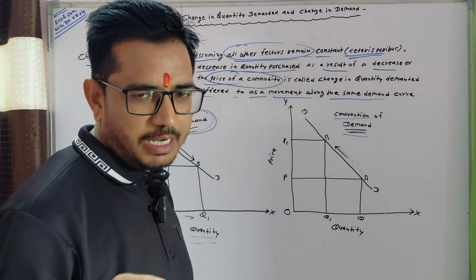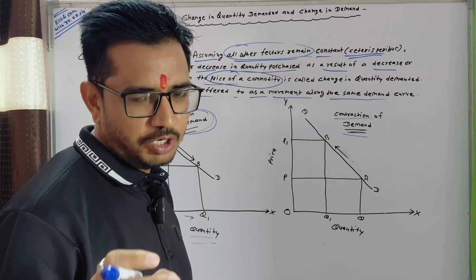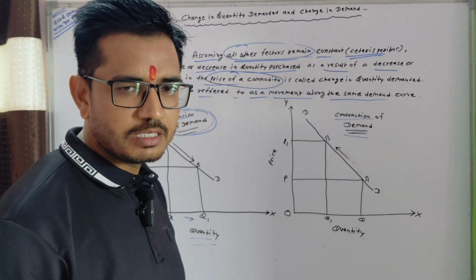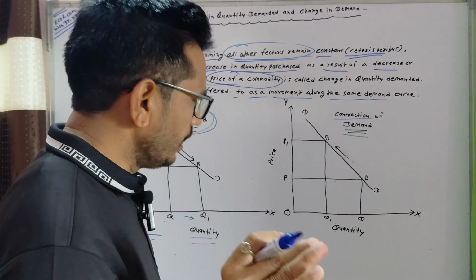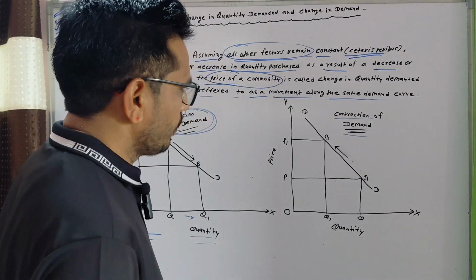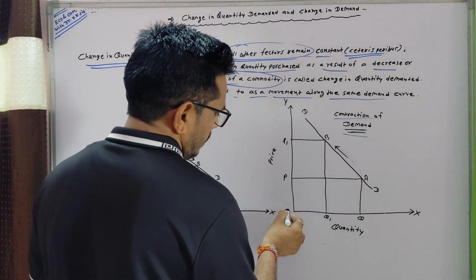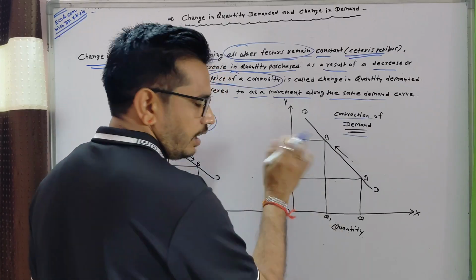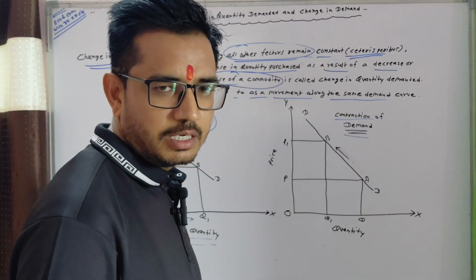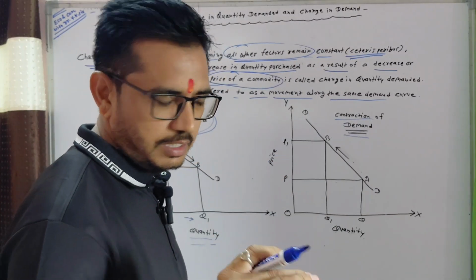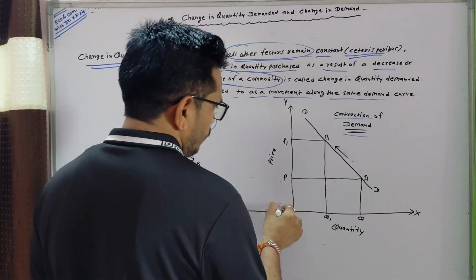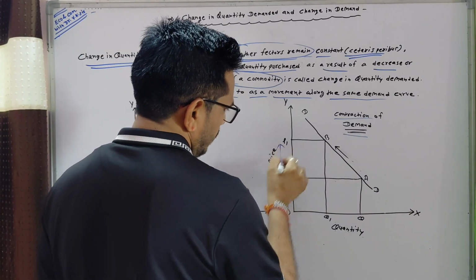In extension of demand, price goes down, but in contraction of demand, price goes up, from OP to OP1.